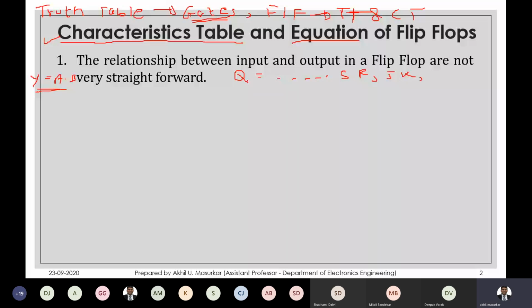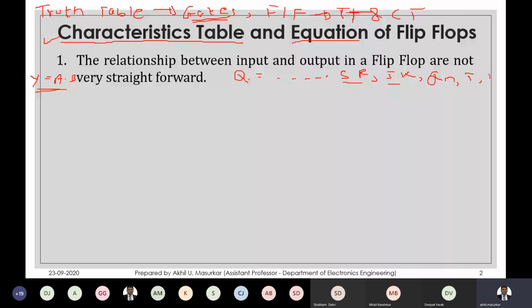The output of the flip-flop doesn't just depend on the current input, but also on the past output. That means if initially my output is Qn along with some input J, K, SR or T or D, whatever, then what is going to be my Qn plus 1? That is going to be my next step.